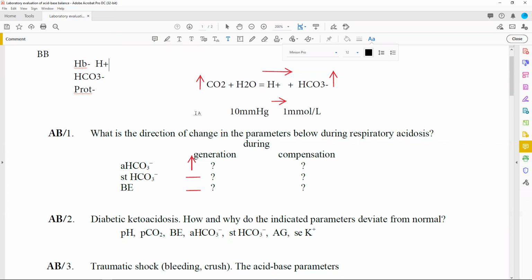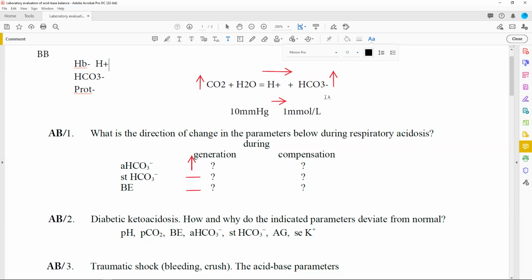Does chloride play a role? Yes, the chloride plays an important role, because inside the red blood cells we do have an accumulation of bicarbonate. However, the bicarbonate is exchanged by chloride. So bicarbonate goes out to the plasma and chloride enters the red blood cells.